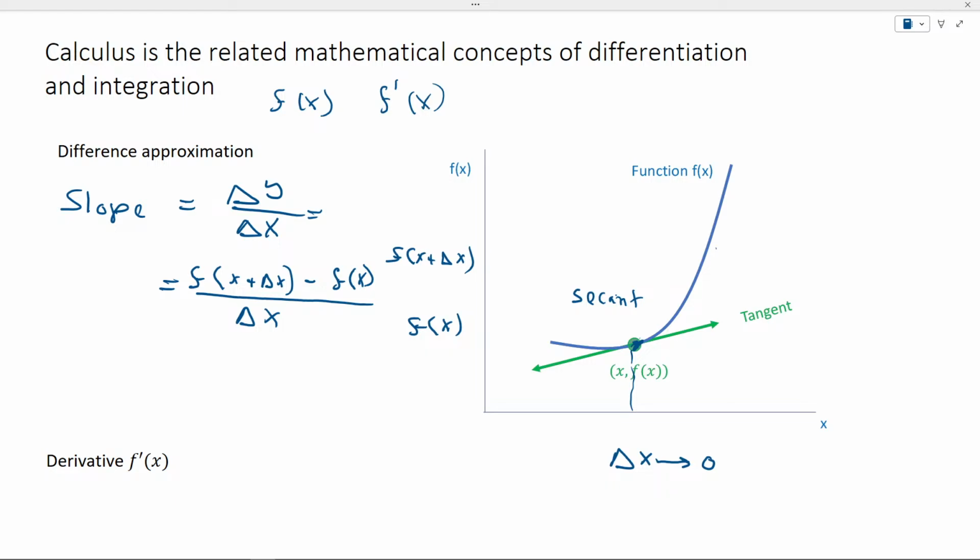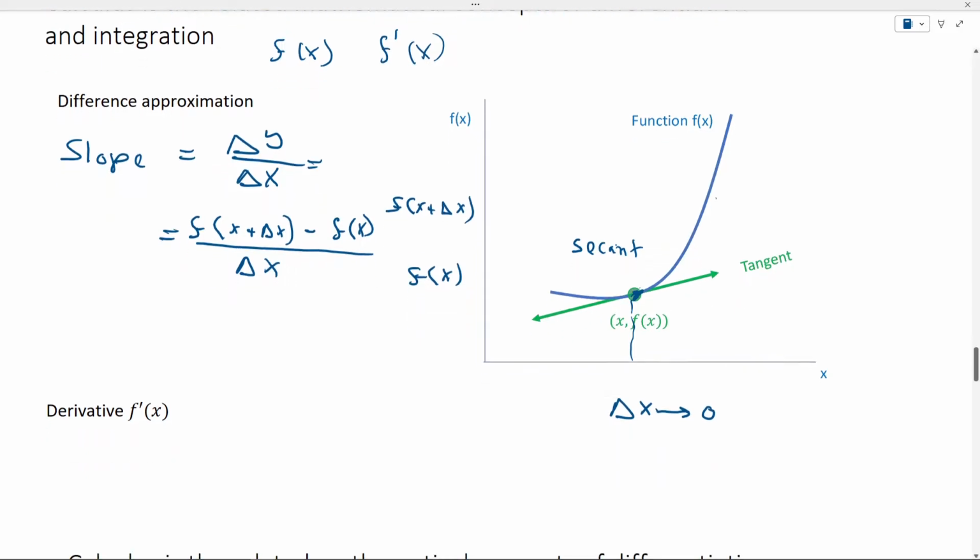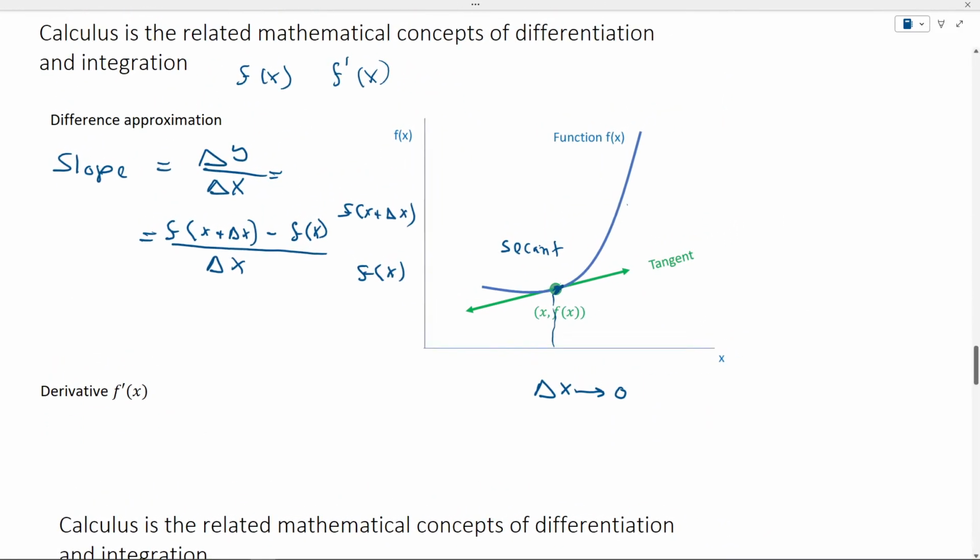So the derivative is the rate. This is my f of x. The derivative is usually written like this, or sometimes it's also written as dy over dx, or the derivative of your function f of x.